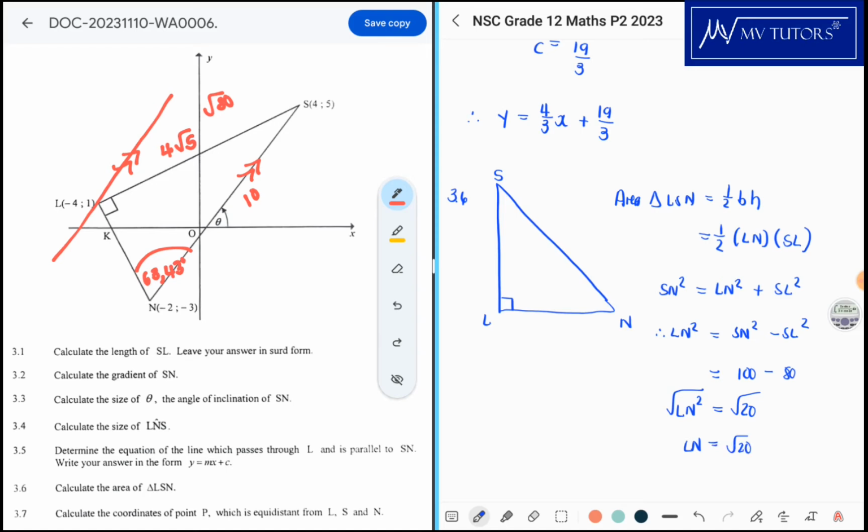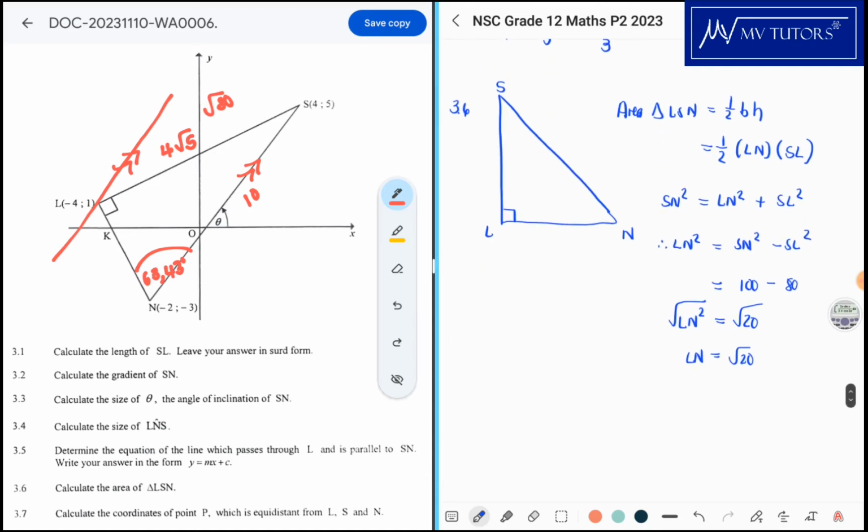All right, so we have everything that we need. We can then calculate now. The area of triangle LSN is half. The base is root 20. The height is SN, that is 10.